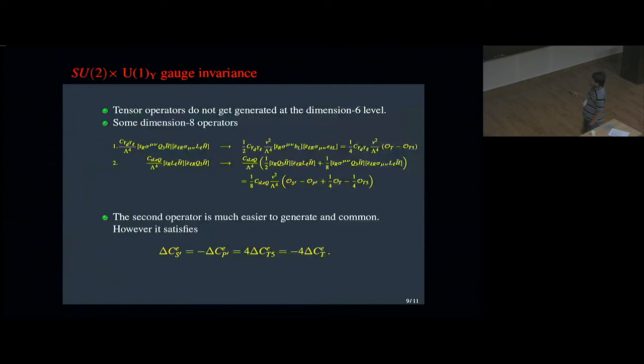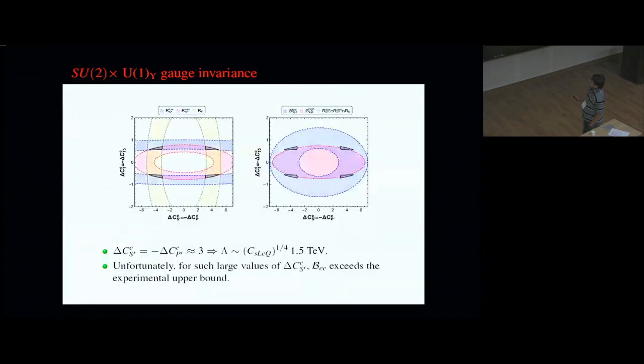The experimentally allowed regions approximately satisfy these regions. However, this large value for delta CS prime, CP prime requires very low scale. Another constraint is that this large value cannot explain Bs to e e.